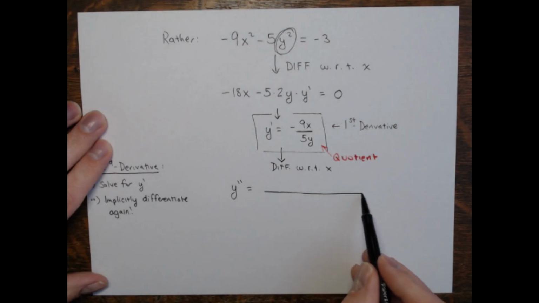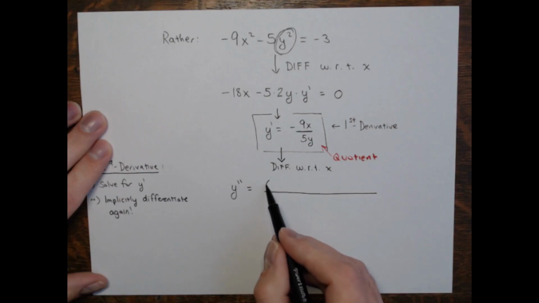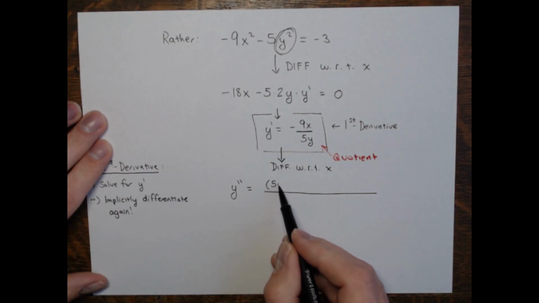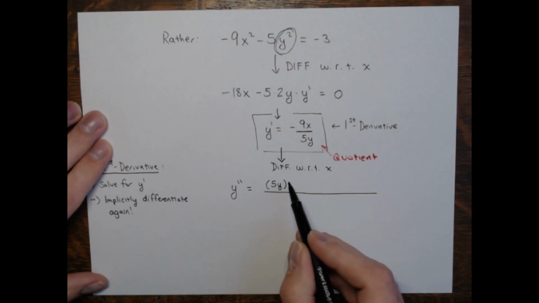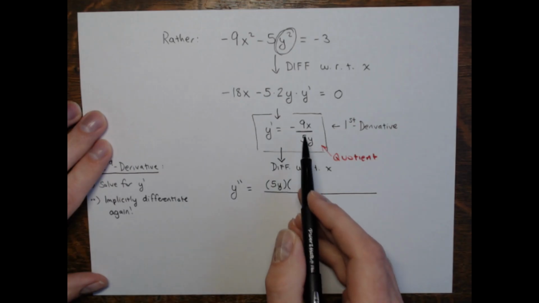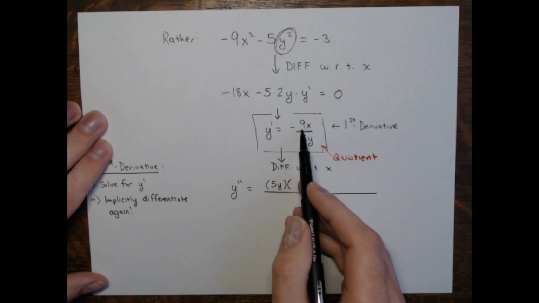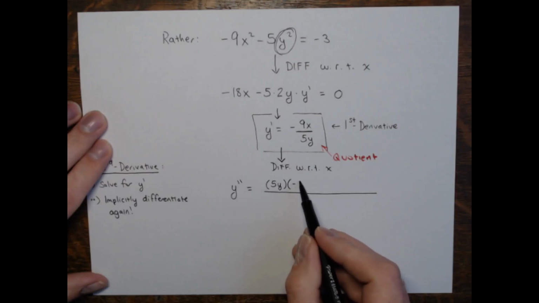So remember the quotient rule, put in my denominator, so 5 times y, times the derivative of the numerator with respect to x. Now the derivative of negative 9x, treat like normal, would just be negative 9.